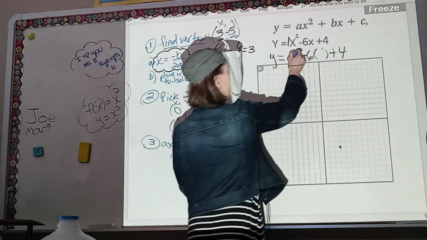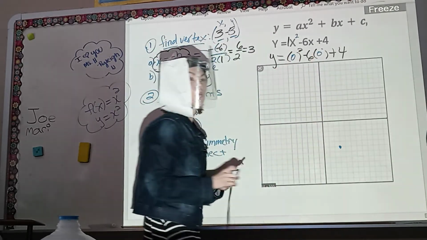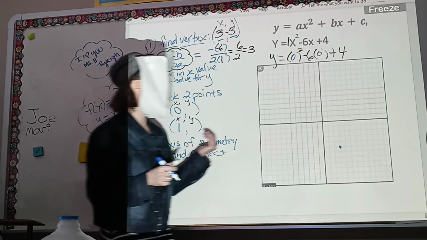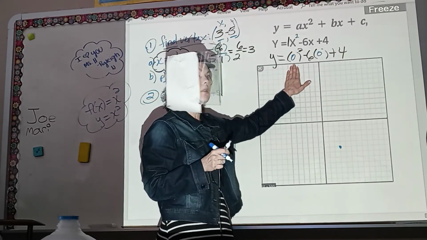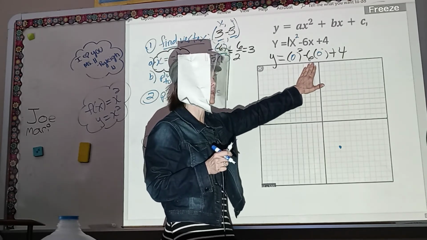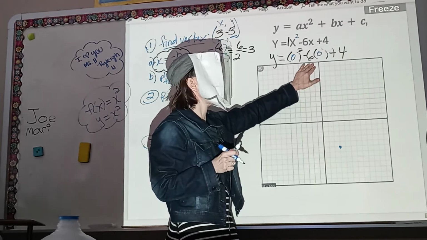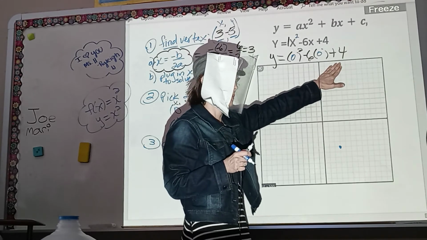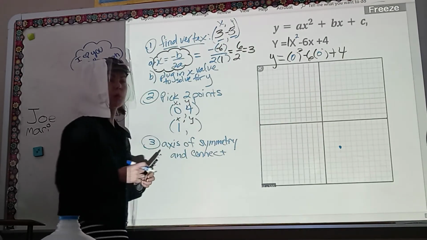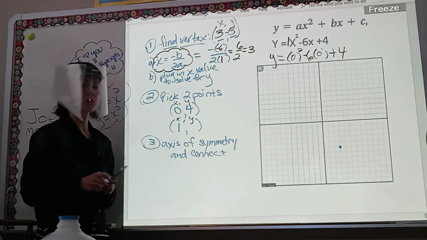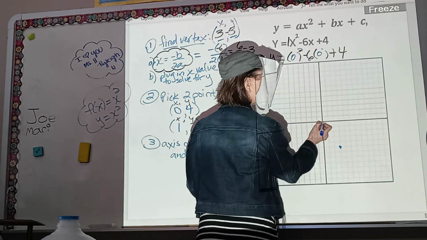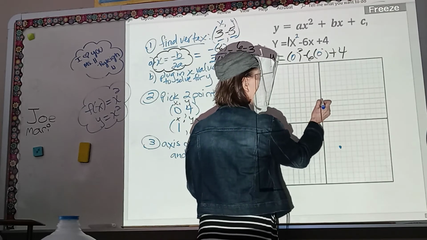If I put 0 here and 0 here, we're going to figure out with mental math what our y value is going to be equal to. So 0 squared is 0, and negative 6 times 0 is 0, and 0 plus 4 is 4. So we've got our first point is 0, positive 4. So let's plant it, okay? So 0, positive 4. 1, 2, 3, 4.